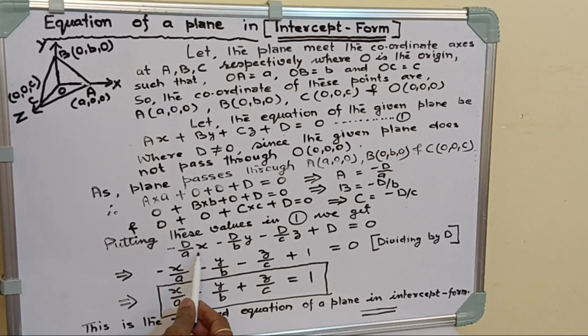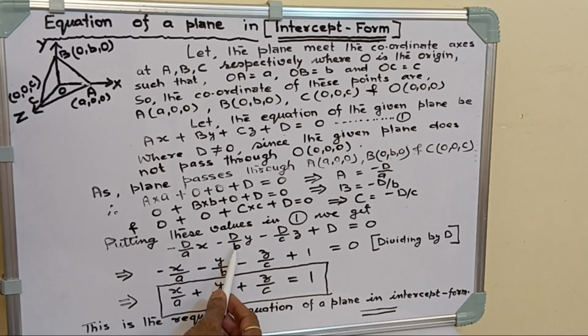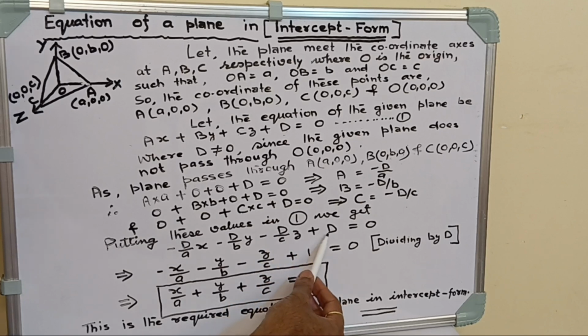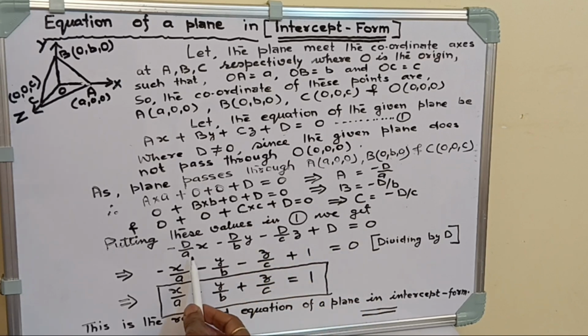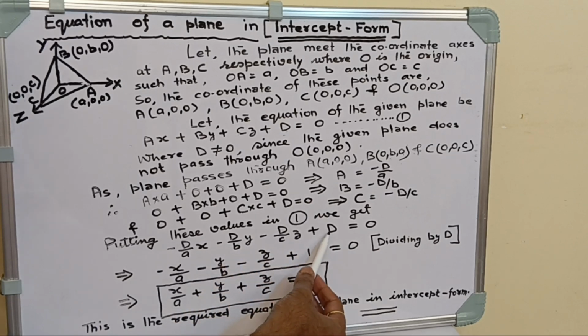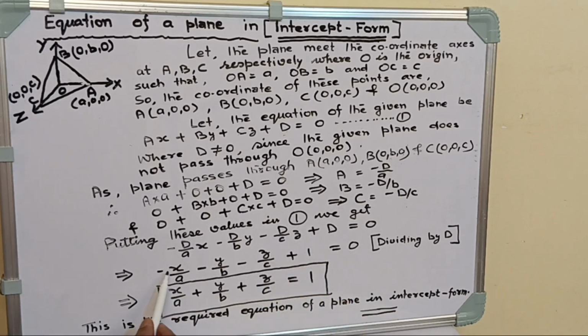Minus d by a x minus d by b y minus d by c z plus d is equal to 0. Dividing both sides by d, d cancels. The minus x by a minus y by b minus z by c plus 1, d by d is 1, is equal to 0.